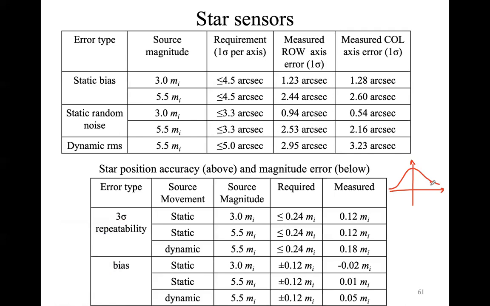Your sigma, that is the sigma reported here. These two values give you the offset of this. So basically a bias in your Gaussian distribution, okay?